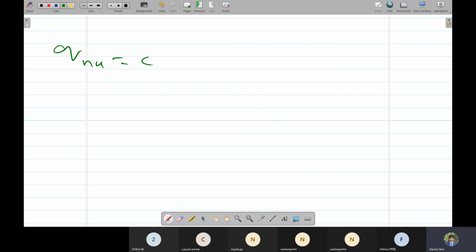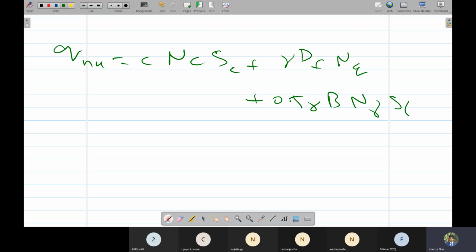Q net ultimate is equal to C NC SC plus gamma DF (NQ minus 1) plus 0.5 gamma B N gamma S gamma. So first, C is 0, so this term is 0 simply. Gamma is known, B is known, DF is also known. So we just require NQ, N gamma and S gamma.